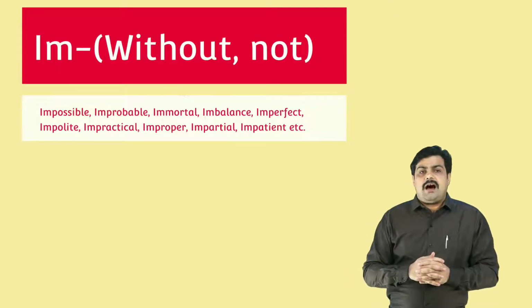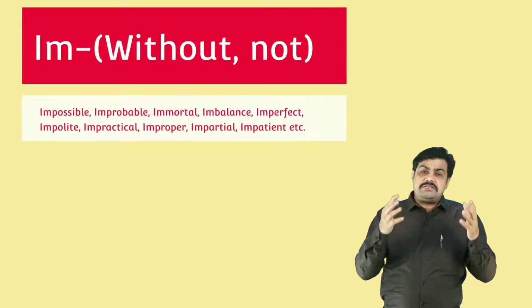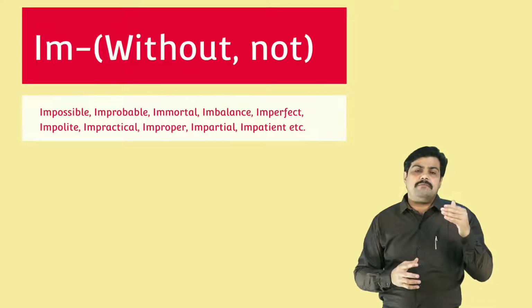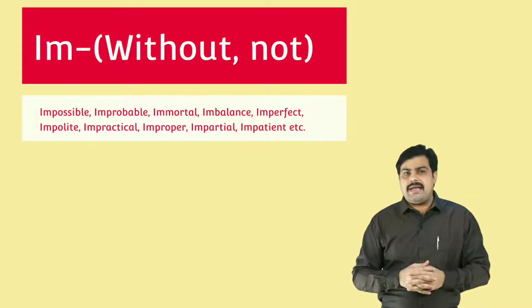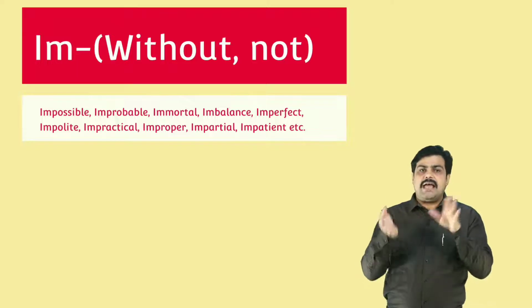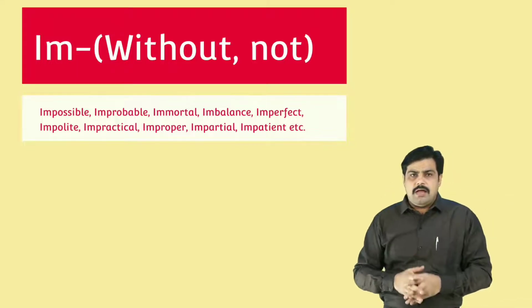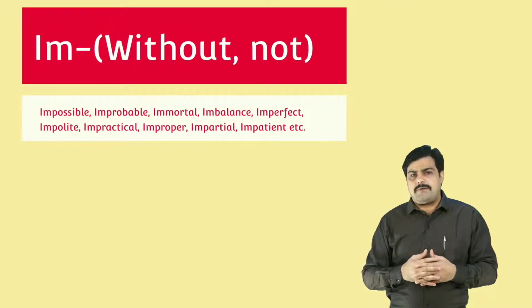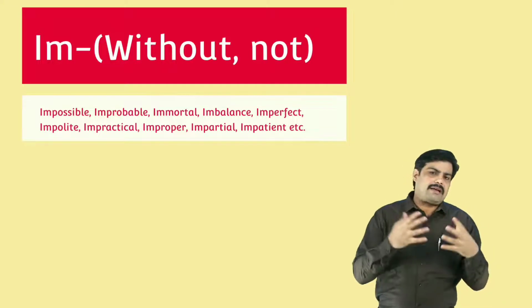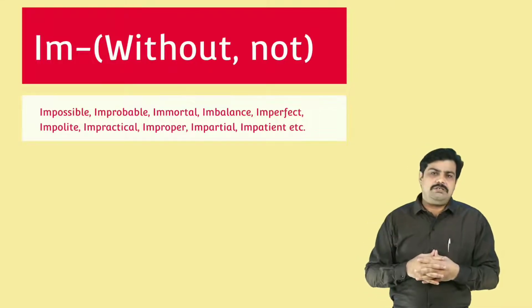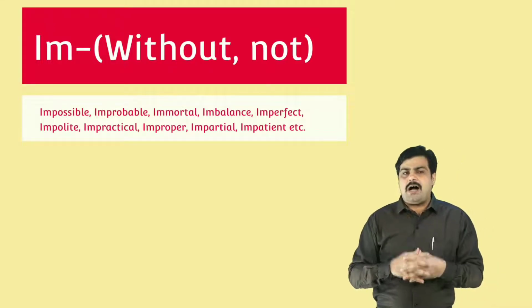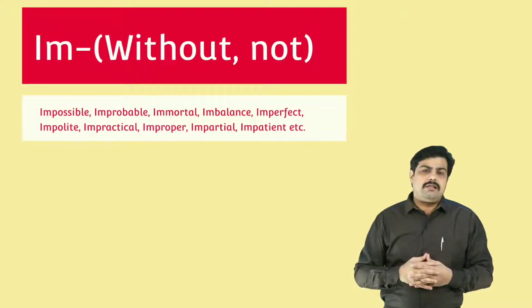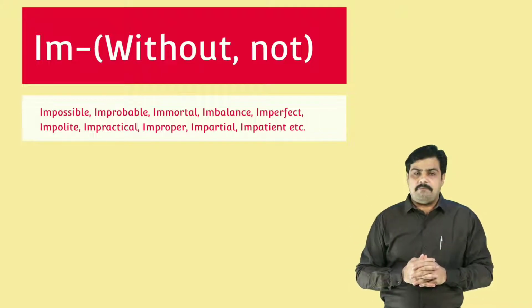Another negative prefix is im. If you add this prefix to some words, they become the antonym of the words, like impossible, that is just the antonym of possible. Improbable, immortal, imbalance, imperfect, impolite, impractical, improper, impartial, and impatient are the words formed by using the prefix im.